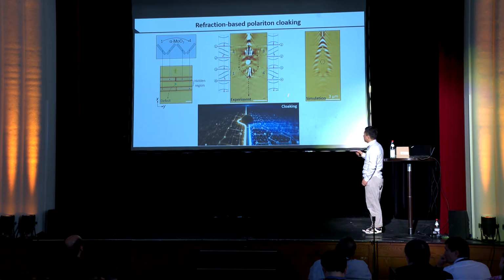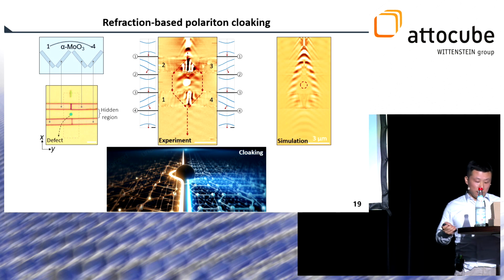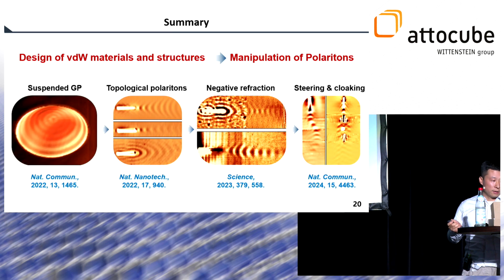And you can imagine that if we did not put these four ribbons here, this light would just go through this kind of defect and some unwanted reflection or scattering could happen. Okay, so this is the third device we put.